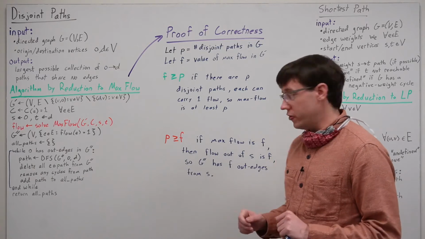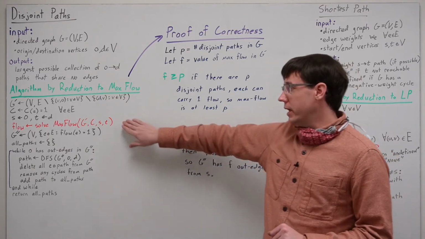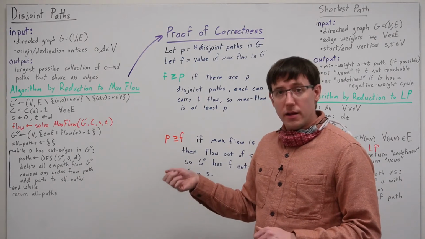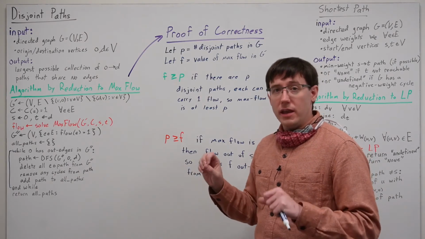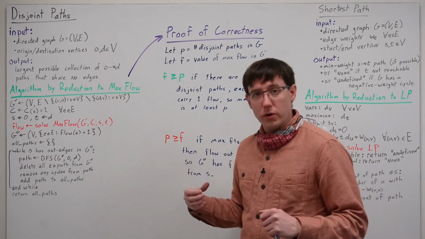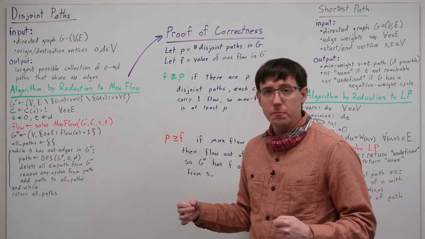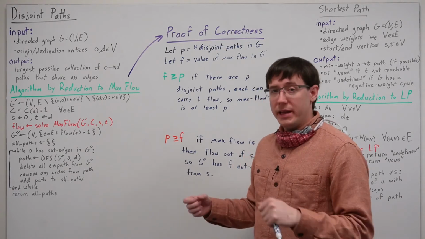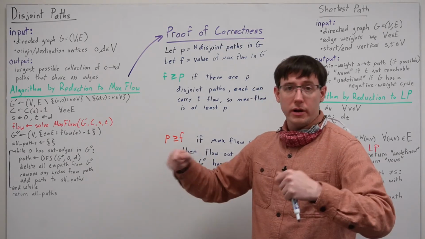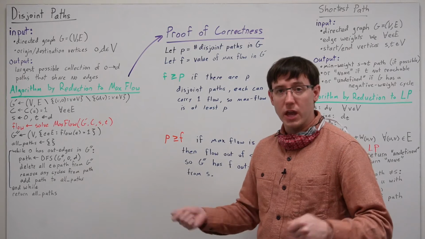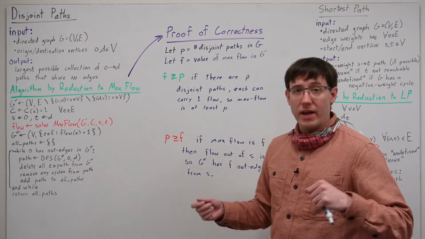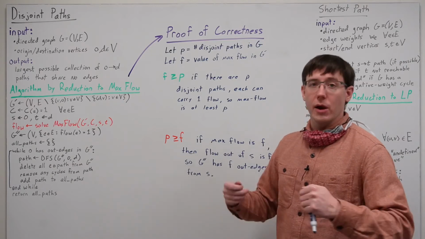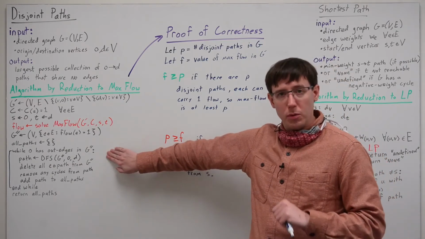In the other direction, if the flow in G prime is F, then that means that the outflow of the source is equal to F, and since all of the edges have capacity 1, that means that there are F different out edges from the source carrying flow, and so we have F different out edges from the origin when we build G double prime.